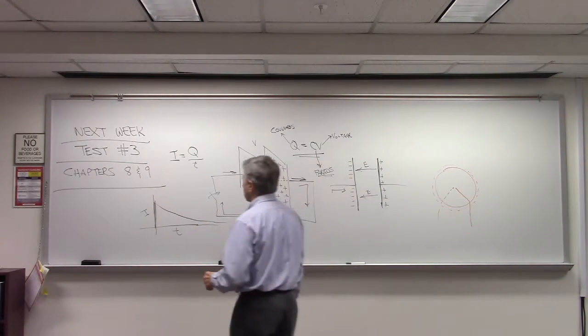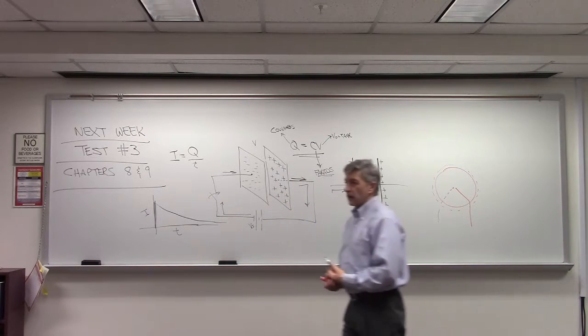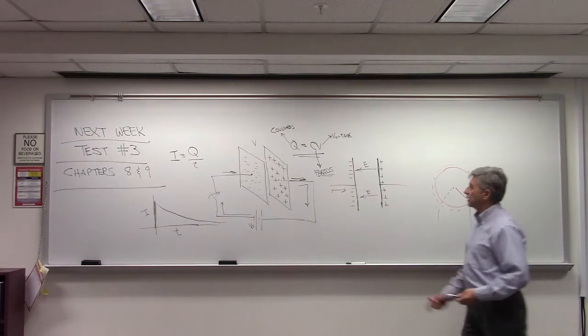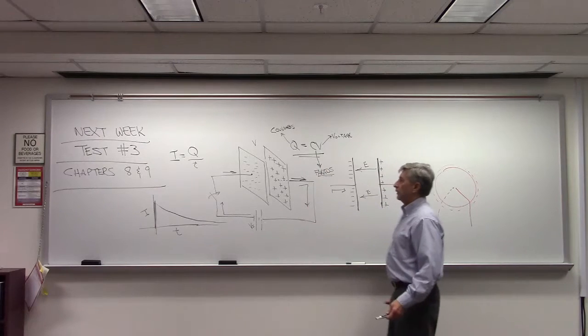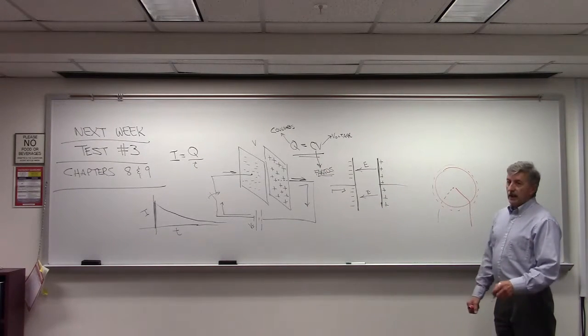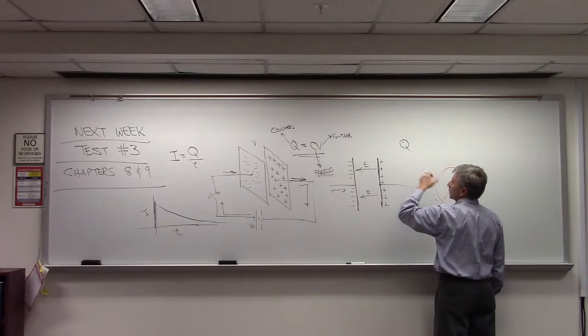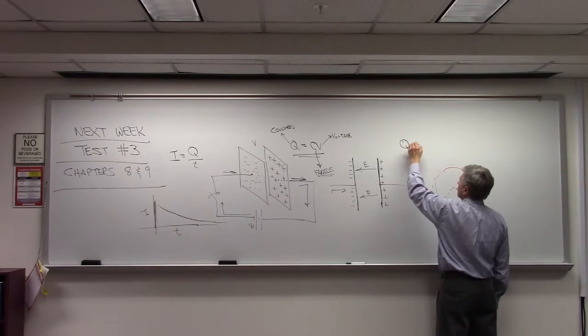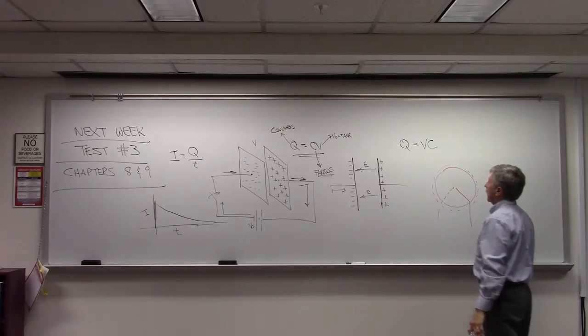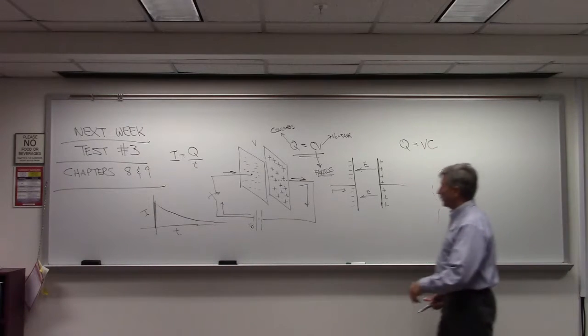If you ever have trouble in the book, this is the formula in the book, but if you ever have any doubt in your mind about the formula for capacitance, voltage, and charge, I always write it that way. It's like the shopping club on TV.